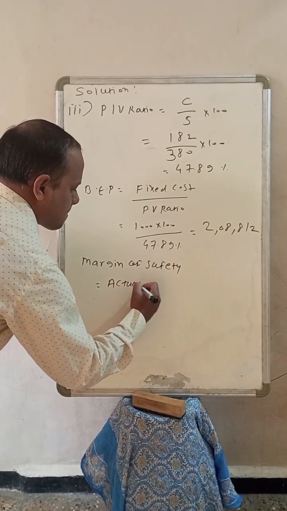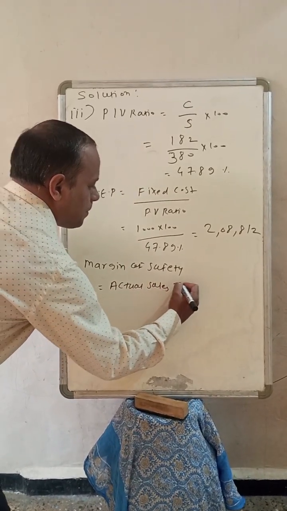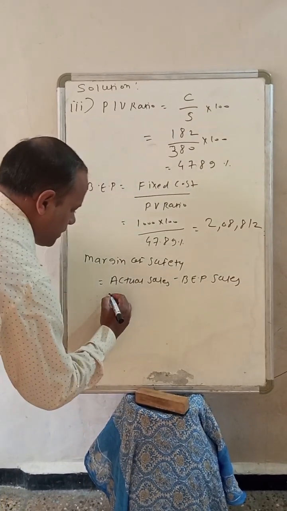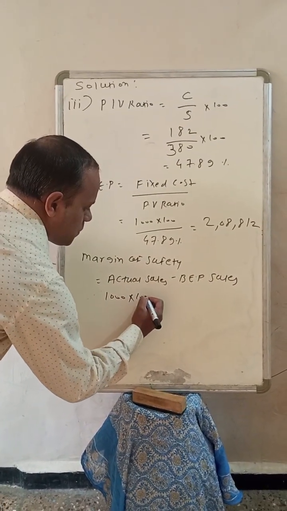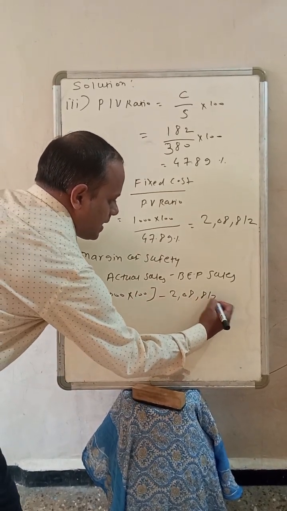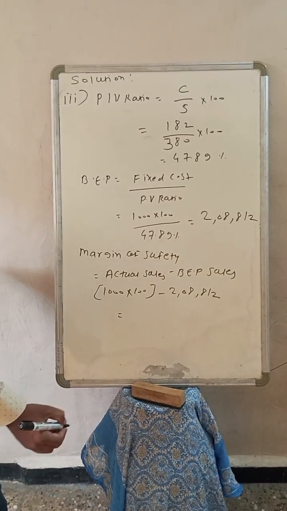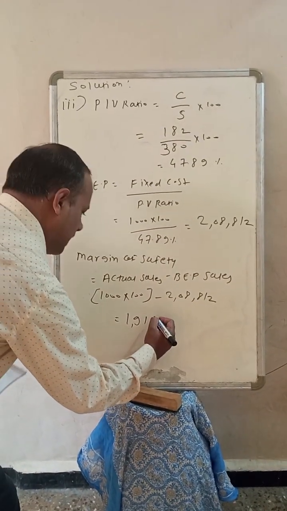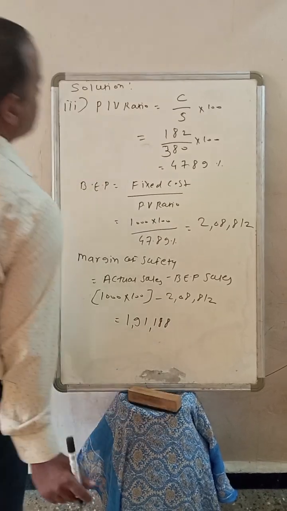Actual sale minus break-even point sales. So 400 into 1000 minus 2,08,812, and the difference between these two figures is 1,91,188.